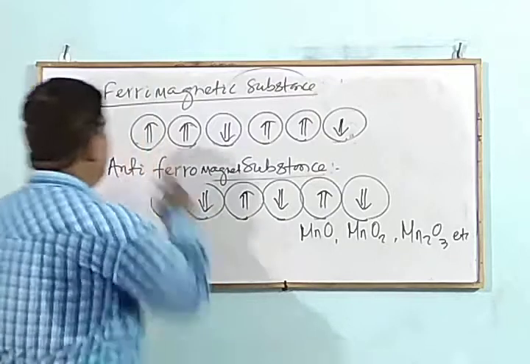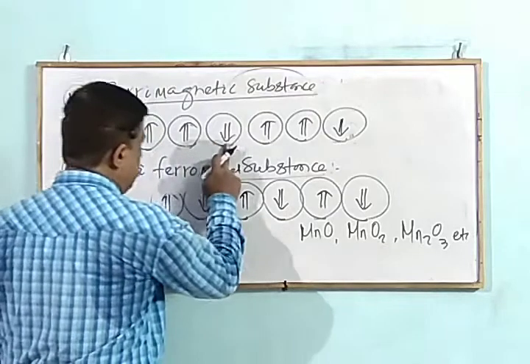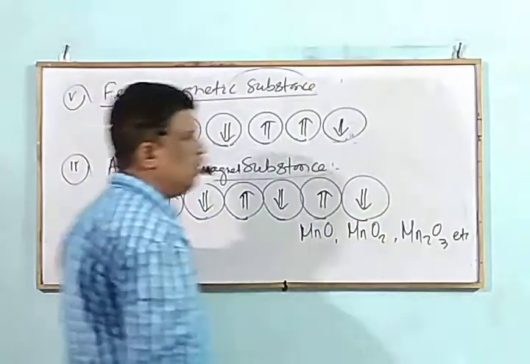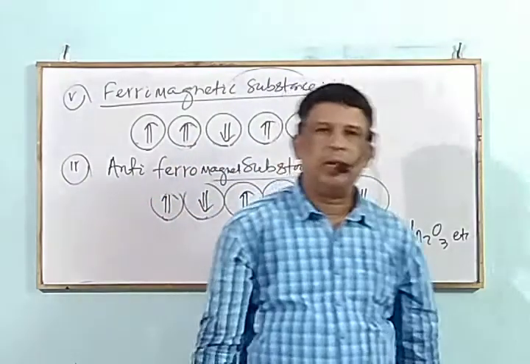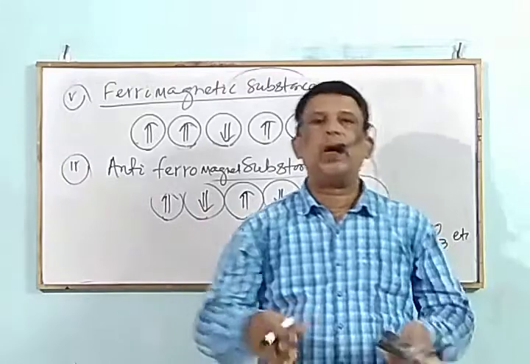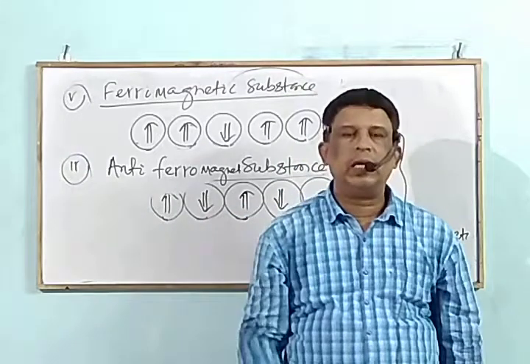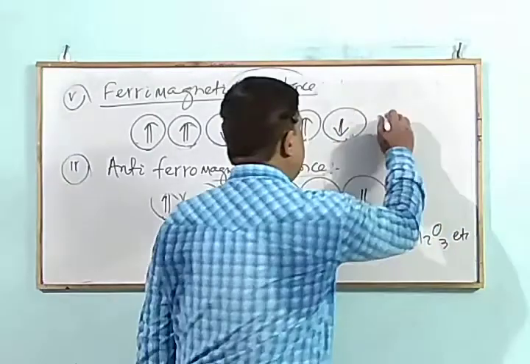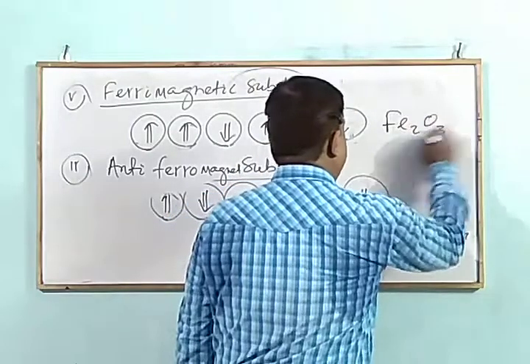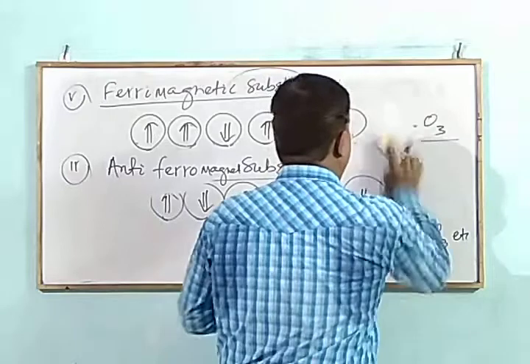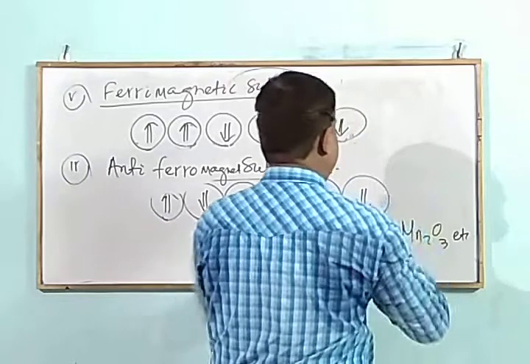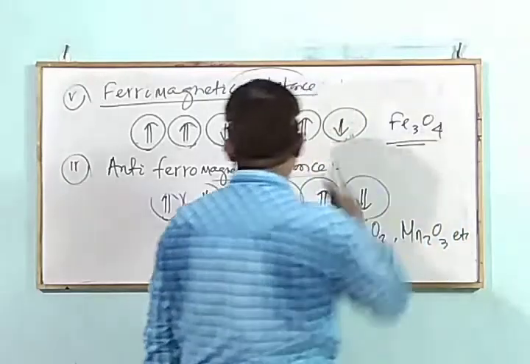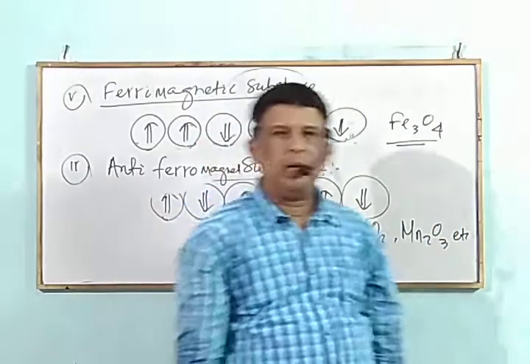Mark that. 2 domains align up, 1 is down, 2 domains align up, and 1 is down. So due to this type of arrangement, previously they were expected to have a high magnetic moment, but actually their magnetic character is low. For example, Fe2O3, for example, Fe3O4 exhibit this type of magnetic behavior.